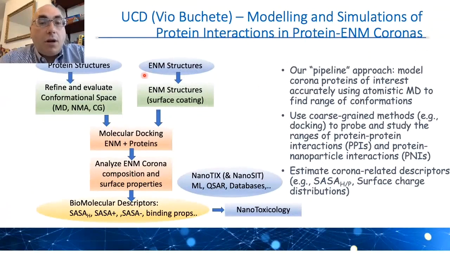So our idea was to, on one hand, put together experimental information that we may have about protein structures of proteins of interest, and calculated, experimentally relevant, let's say, information of nanoparticle structures of engineered nanomaterials. And some of them, this is a complicated issue, may have different types of coatings.